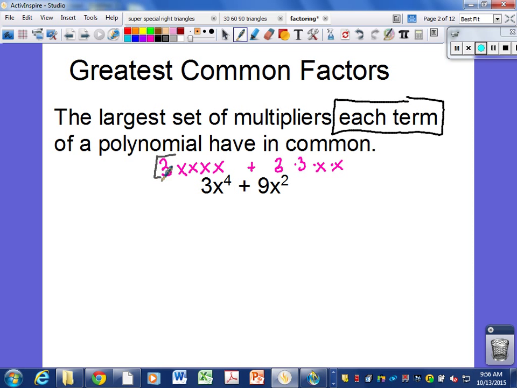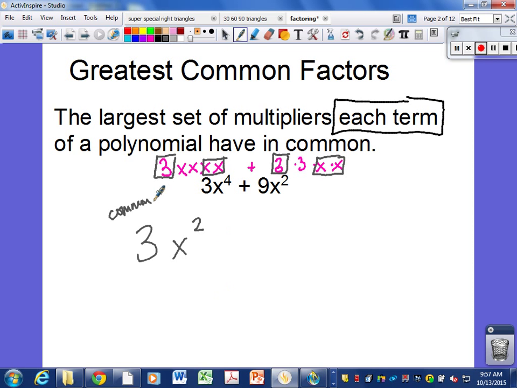Common multipliers. Both of these terms have a multiplier of 3 in common. So we write that down. This is what they have in common. And they both have, at most, 2 x's. So each of these terms has a 3 as a common multiplier and 2 x's as a common multiplier.